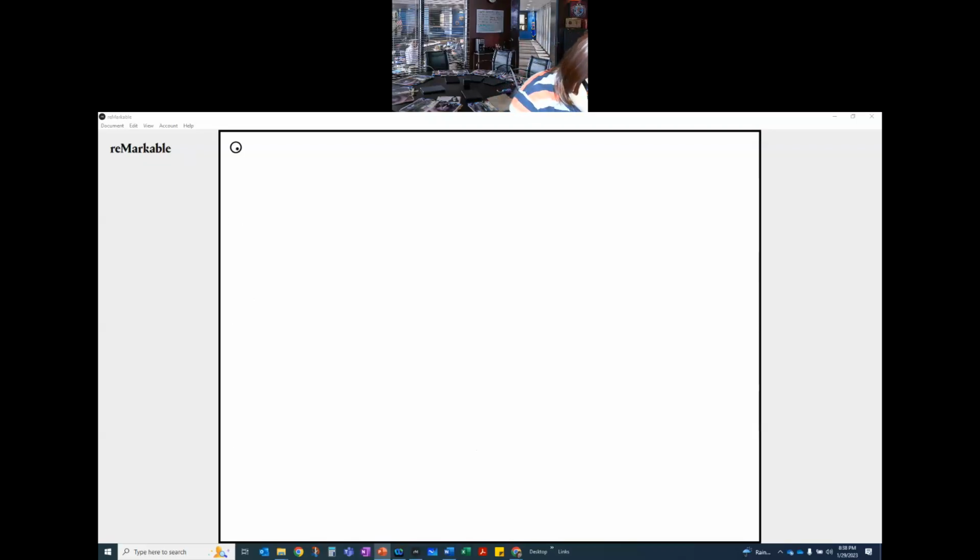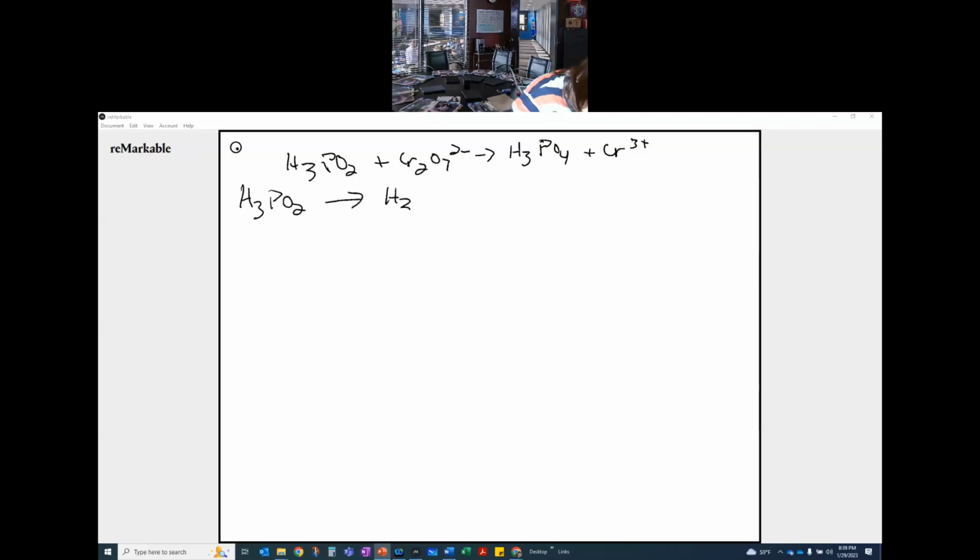The thing that we're trying to balance here is H3PO2 plus Cr2O7 2 minus giving H3PO4 plus Cr3 plus. Okay, two half reactions. H3PO2 goes to H3PO4, and Cr2O7 2 minus goes to give me Cr3 plus. So those are the half reactions.